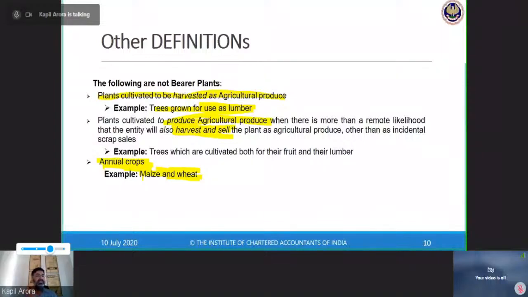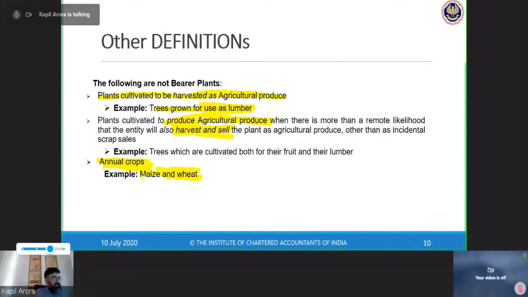Any plant which is going to be harvested, and I am growing it to harvest the same, so that I can convert that or use that for my production purpose, those plants will never come under this. Will not be considered bearer plant. Okay.